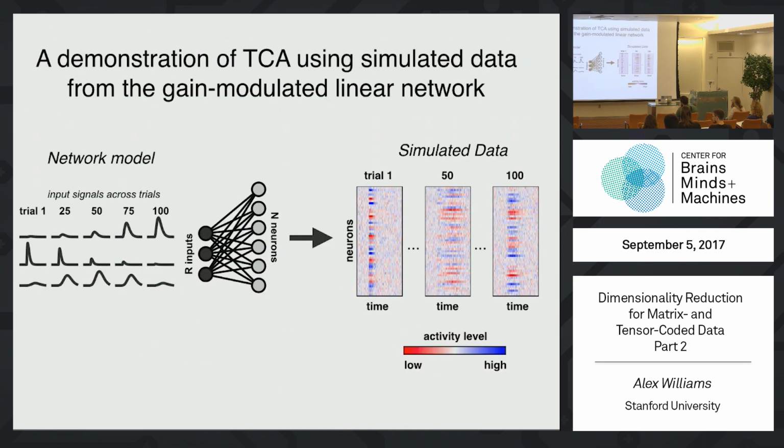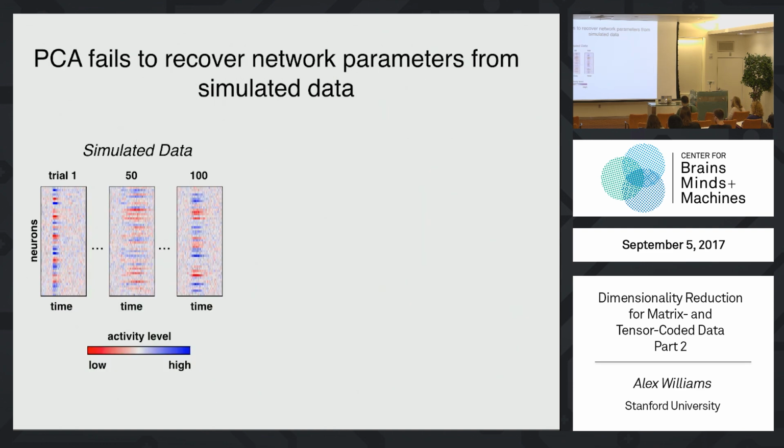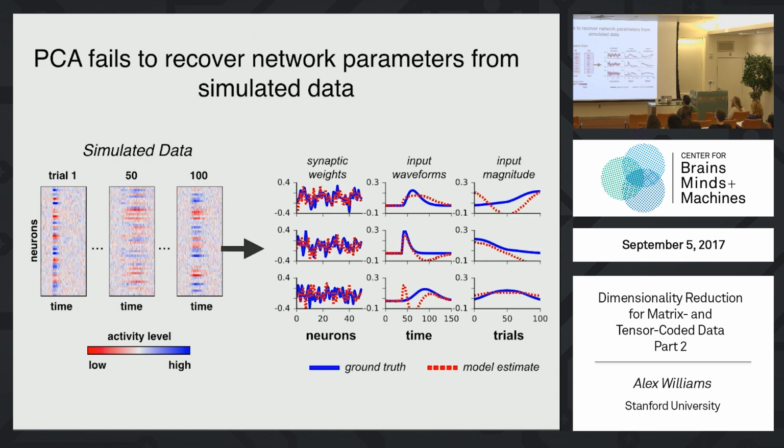Okay, so to continue to build and motivate the technique, we simulated data from this model network. And this was the data we got. We added Gaussian noise to show that our technique is at least somewhat robust. It turns out that if you take this simulated data and apply PCA to it, you don't recover the true parameters of the model. In order to apply PCA, you have to take this data tensor and flatten it into a matrix.